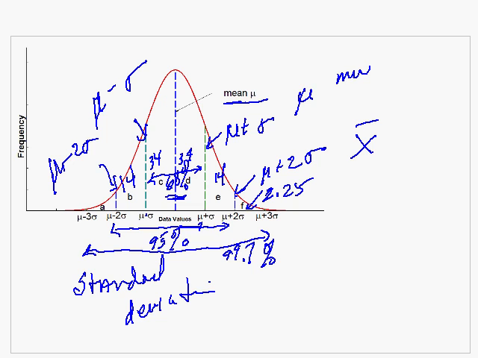You might have seen or gotten some spam email about 6 sigma. That's what they're talking about. If you're up here, you can imagine how few values are way up here, 6 standard deviations away from the mean.